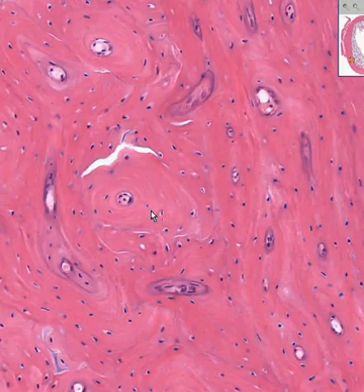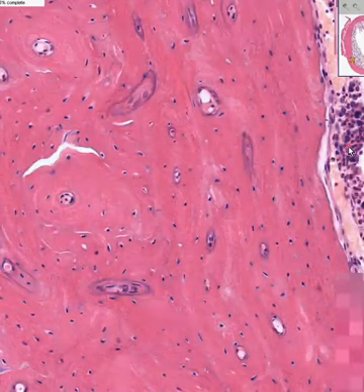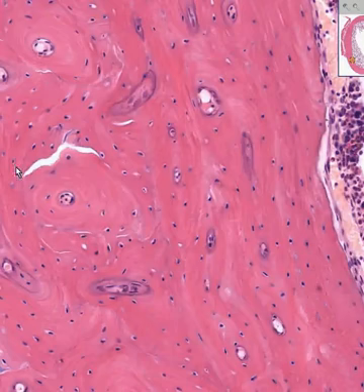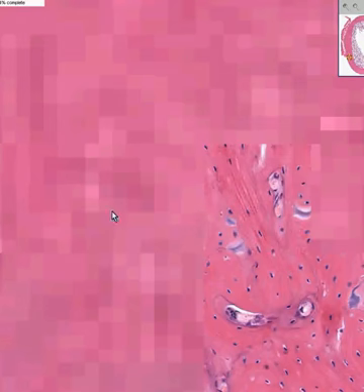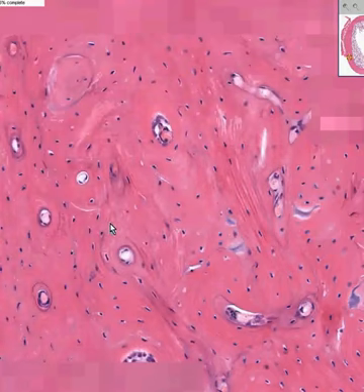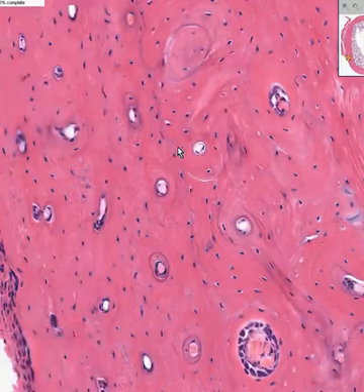Here are the actual individual osteocytes. Here is the endosteum, which we see on this side, and we can see bone marrow here as well. And on the other side, we can see periosteum.